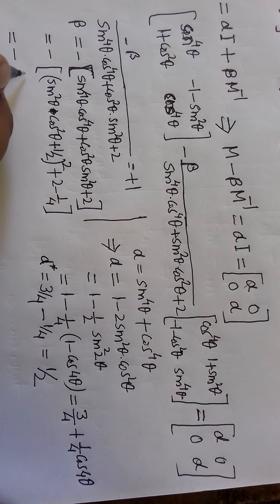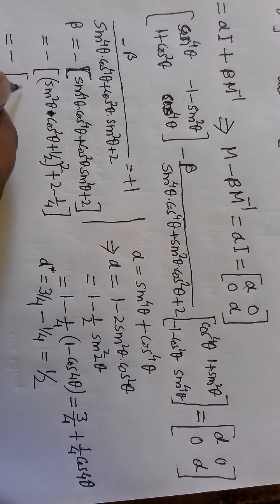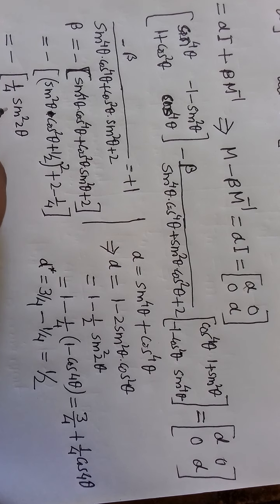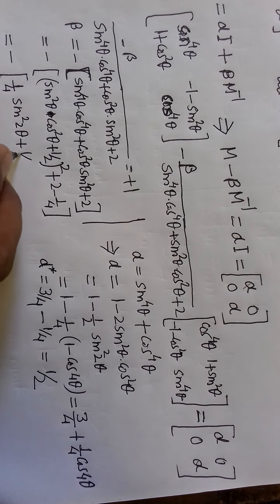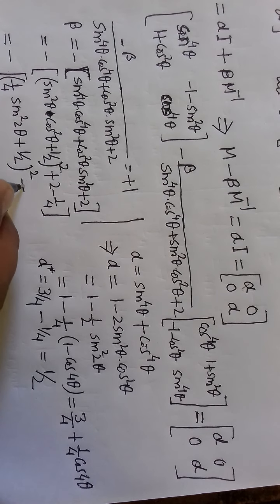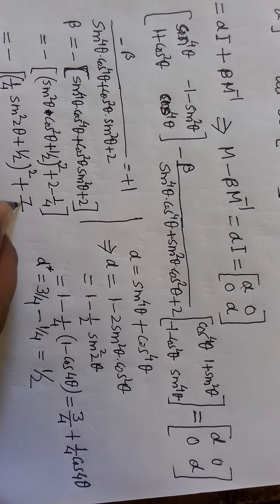This can be changed again to 1 by 4 sine square 2 theta plus half whole square plus 7 by 4.